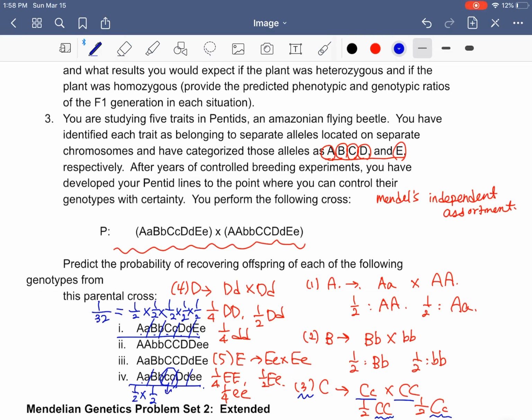So this probability would be 0. So regardless of what these are, because there's a 0 probability of the C allele or the C gene, regardless of what these are, it's going to be 0 probability to get this kind of offspring genotype.